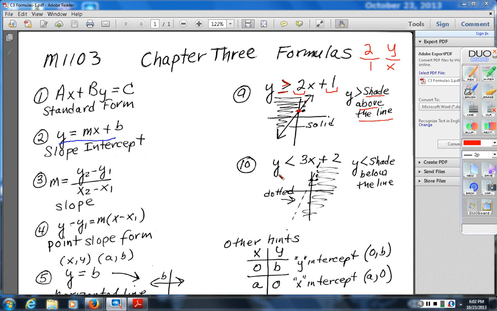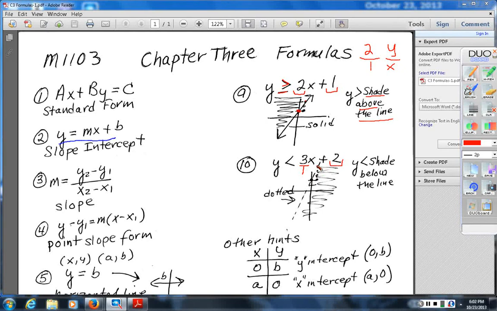All right, for this one, it's y is less than, not equal to, just less than 3x plus 2. So, again, you're going to put a dot on your y-intercept, which is 2. The slope is 3 over 1. So I'm going to go over to the right 1 unit. I'm going to go up 3. There's my second dot.